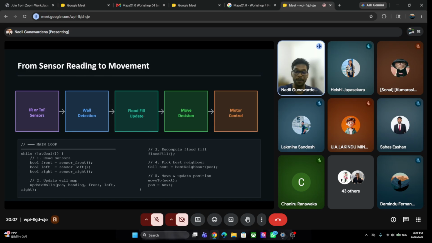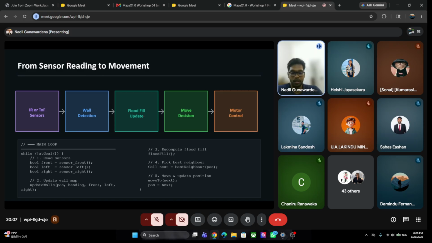That's the main thing. Computing the flood fill algorithm every time that you have detected a wall will seriously reduce your speed in the micromouse. Just give the flood fill update when a detected wall is blocking your path. And then after the flood fill update, you can get the move indication, like where to turn.